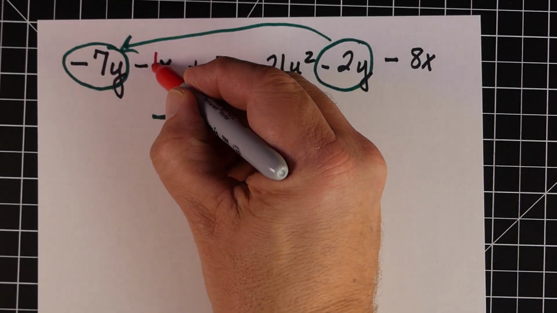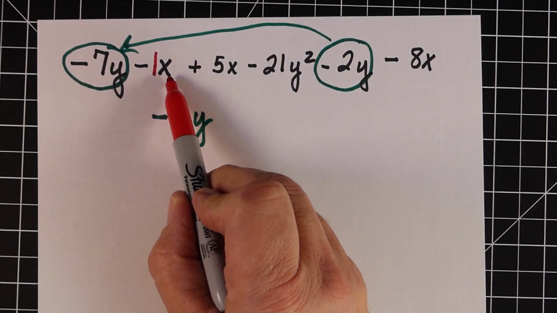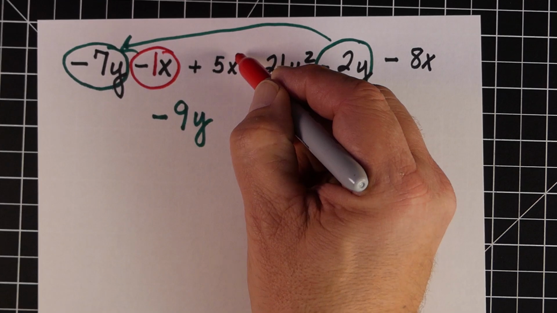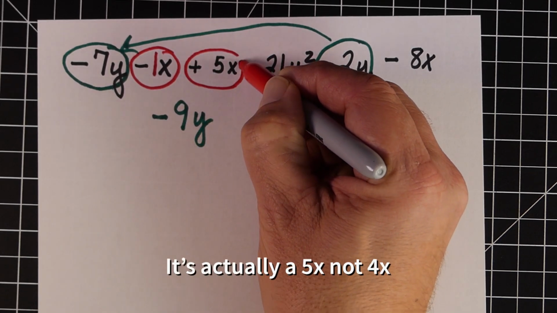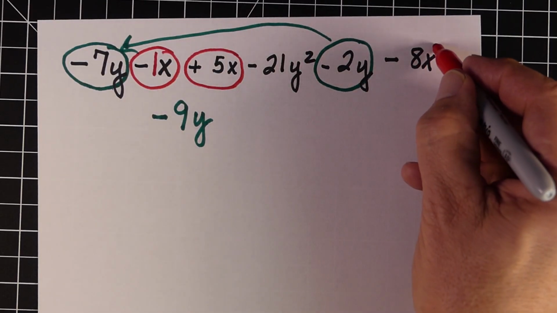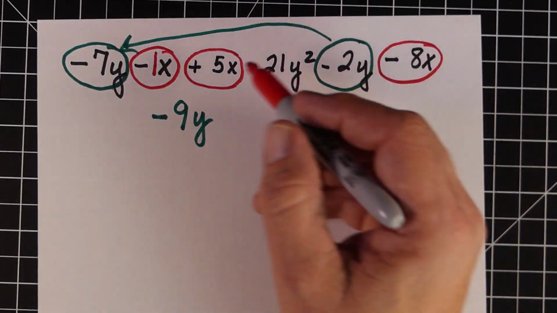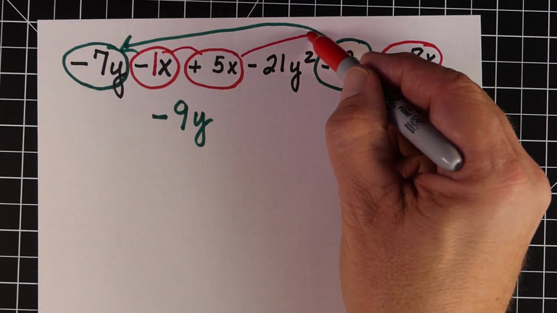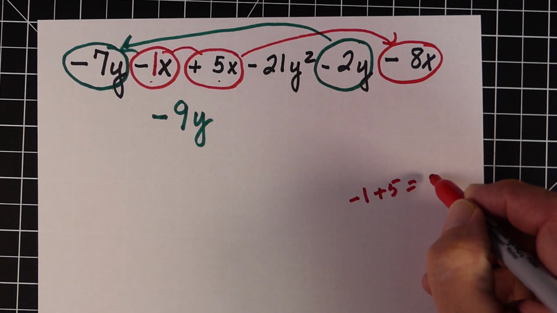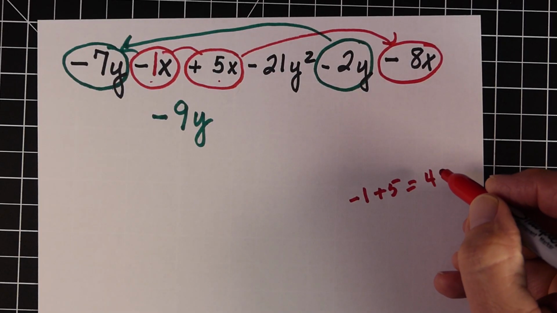On this next one, I'm looking at x's. Now it says minus x. What I like to do sometimes is just throw a little 1 in there. So I have a minus 1x. I have later a plus 4x. And at the very end, I have a minus 8x. So I have a lot of x's I can combine here. When I combine the negative 1 and a positive 5, so negative 1 plus 5 would equal 4.